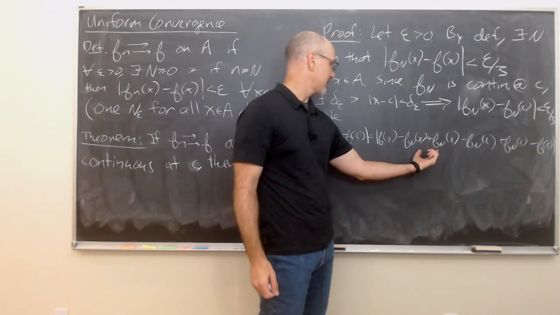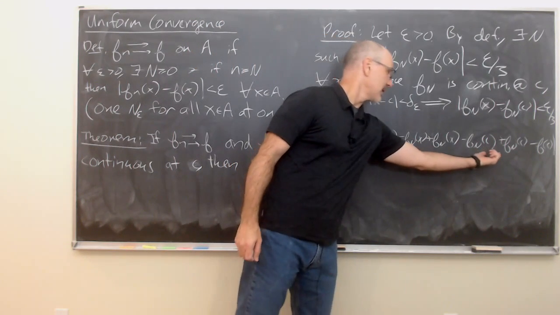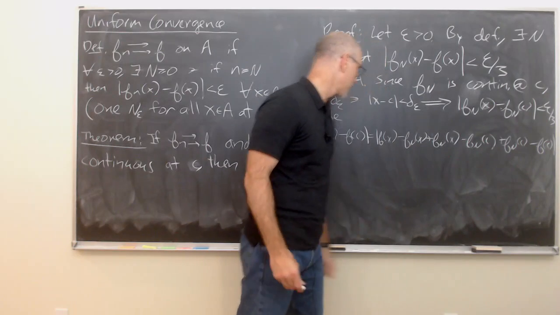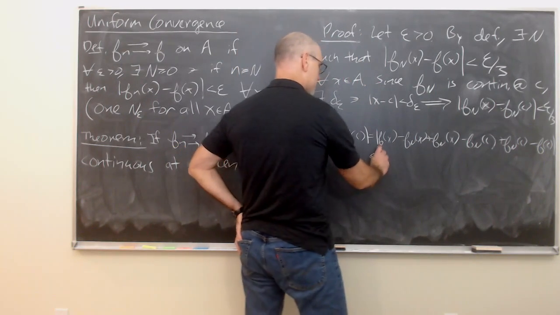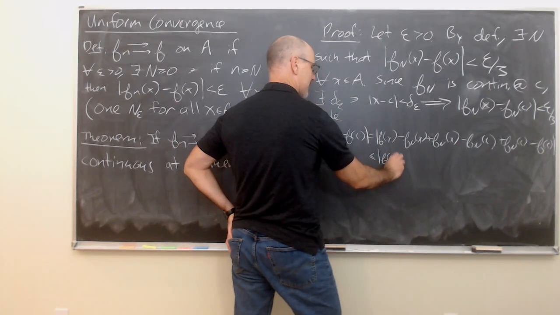I've added and taken away f_N(x), and then added and taken away f_N(c). And now I split that up with the triangle inequality into three pieces, each of which I will show is less than epsilon over 3.